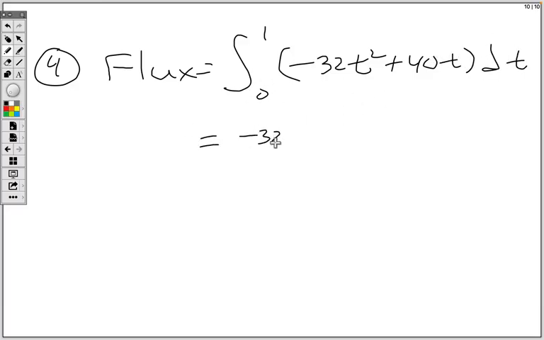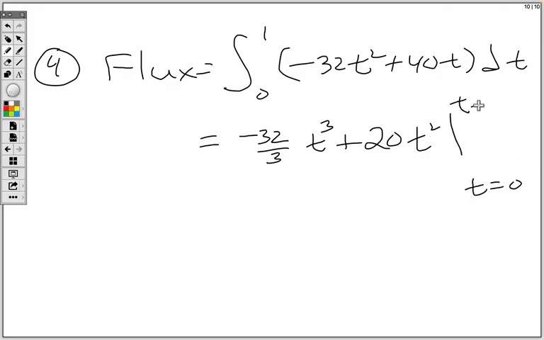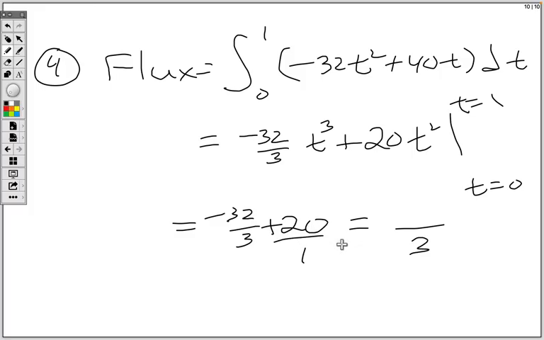So I get negative 32 thirds t cubed plus 20t squared from t equals 0 to t equals 1. So negative 32 thirds plus 20. If I wanted to write this as thirds, that'd be 60 thirds minus 32 thirds, which would be how many thirds? Yeah, 28 thirds.